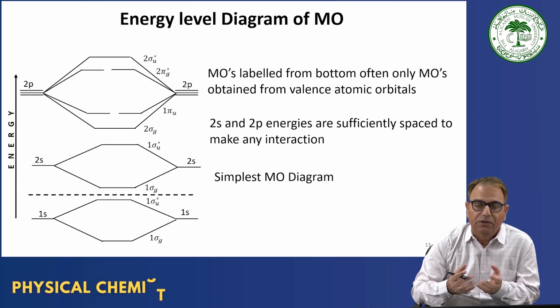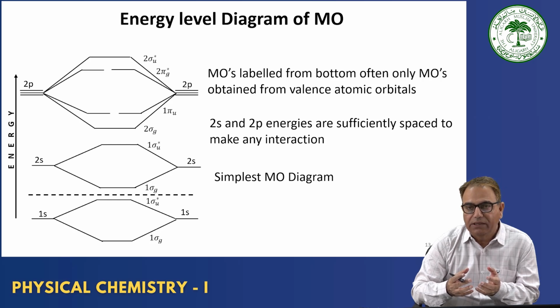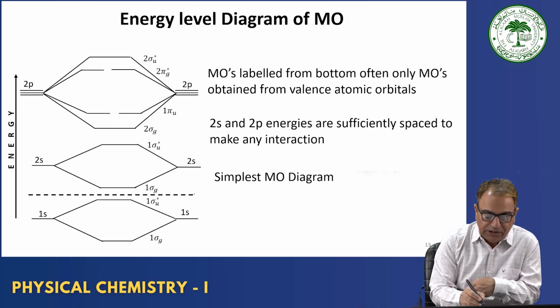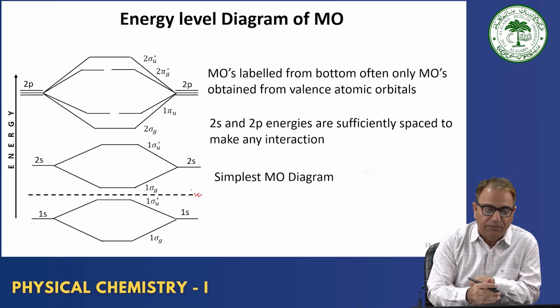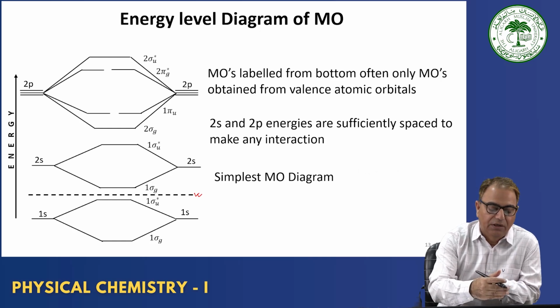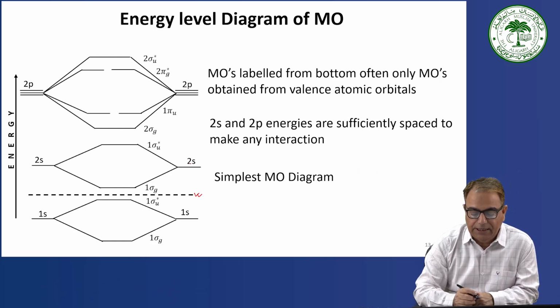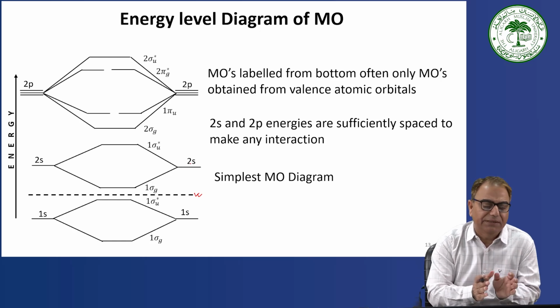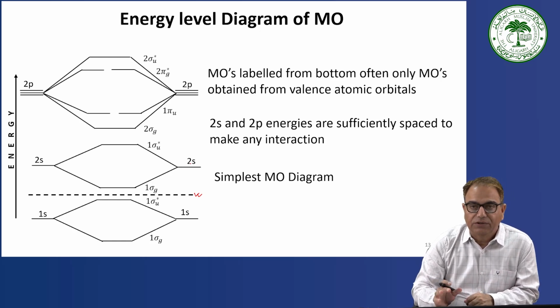You only draw the orbitals in the valence shell. So the valence shell 2s and 2p can combine, and that's why the dotted line is here, which we will not talk about. If you go beyond beryllium, to carbon, nitrogen, oxygen, we will draw 2s and 2p only. So this is the simplest molecular orbital diagram drawn for the diatomic molecules.